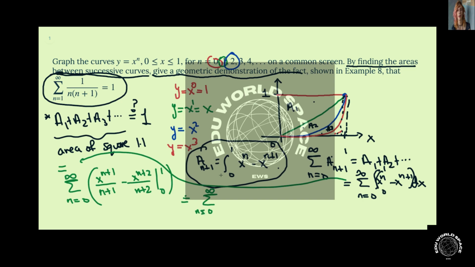So n equals 0 to infinity, and plug in the 1 and the 0. Then just simplify this fraction. You could get a common denominator there. So I'm getting 1 over (n plus 1)(n plus 2).